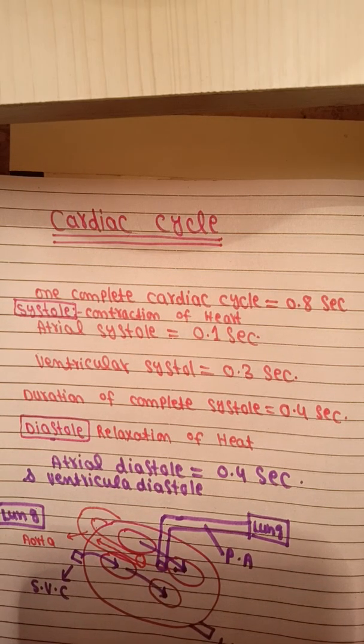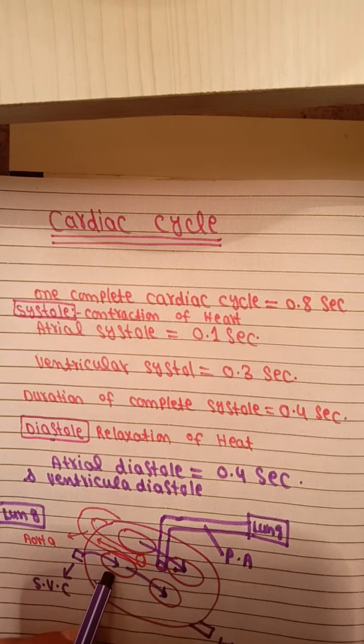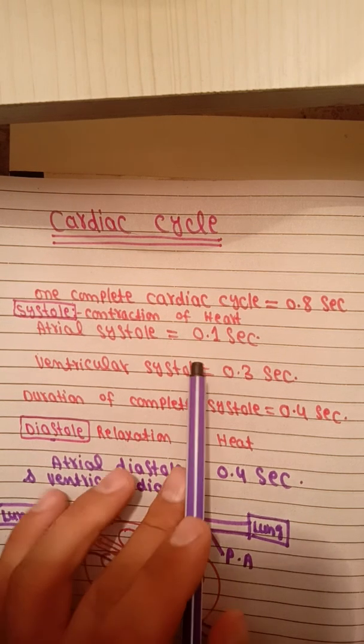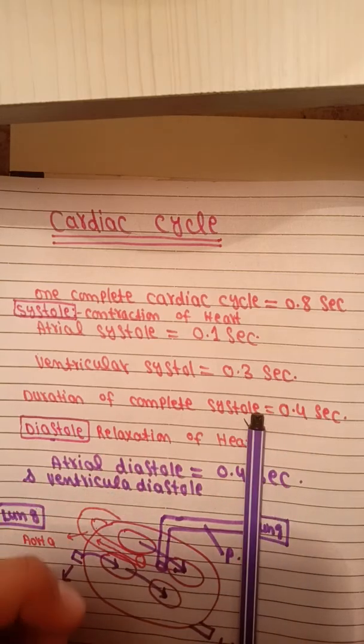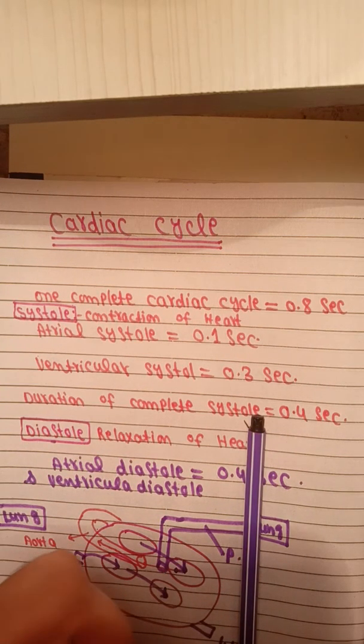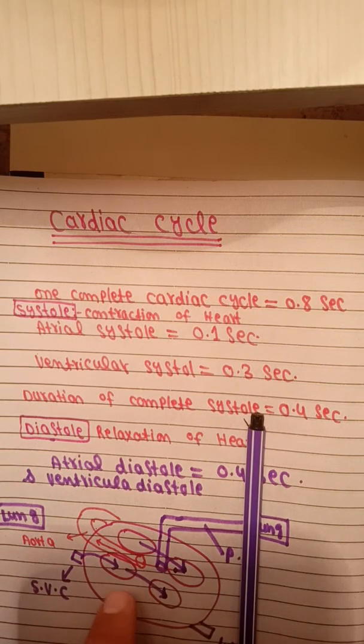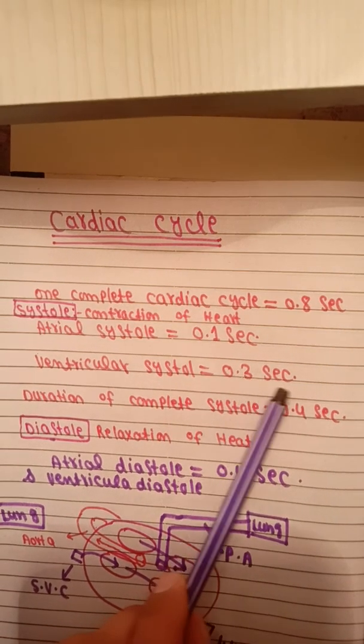When any part of the heart, the atrium or ventricle, contracts, we call it systole. The atria contract, and this contraction takes 0.1 second. Next, the ventricles will contract, which takes 0.3 second.